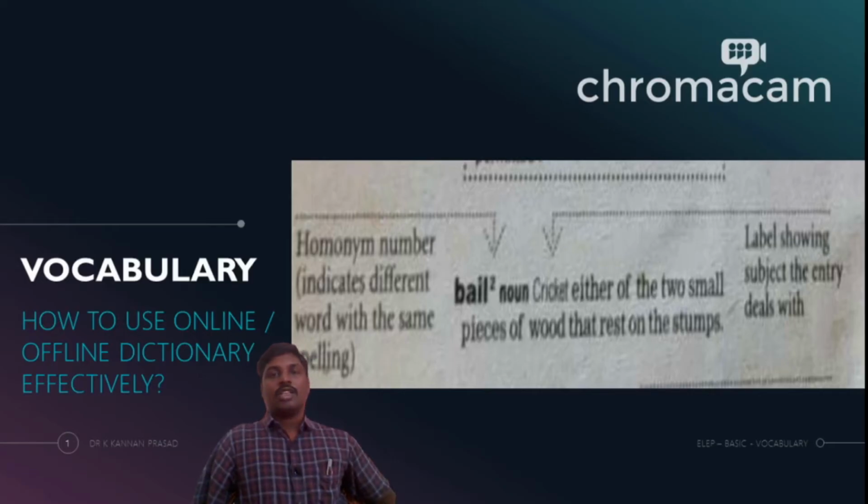The more examples we see, the better it becomes acquainted with you. You could also look at the meaning of the word acquaint, A-C-Q-U-A-I-N-T, in a dictionary. Even if you look at the meaning, you could understand the sentence I am speaking to you right now.